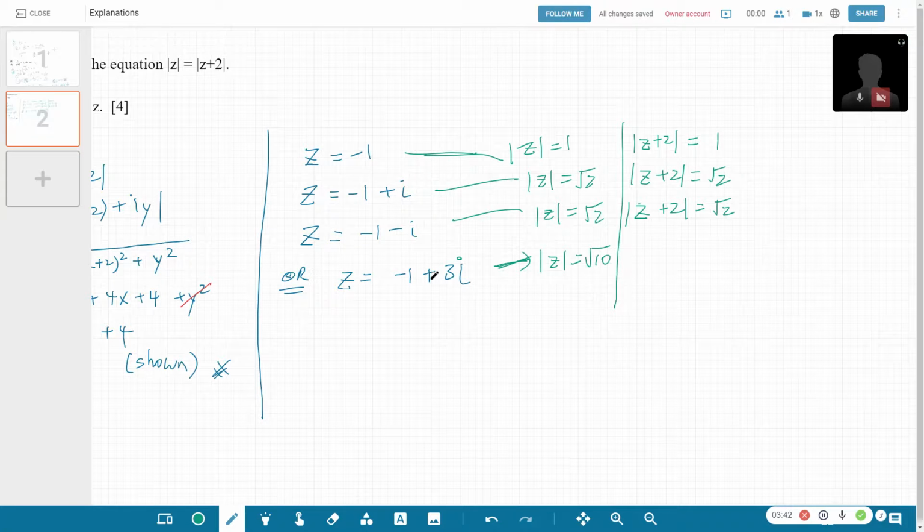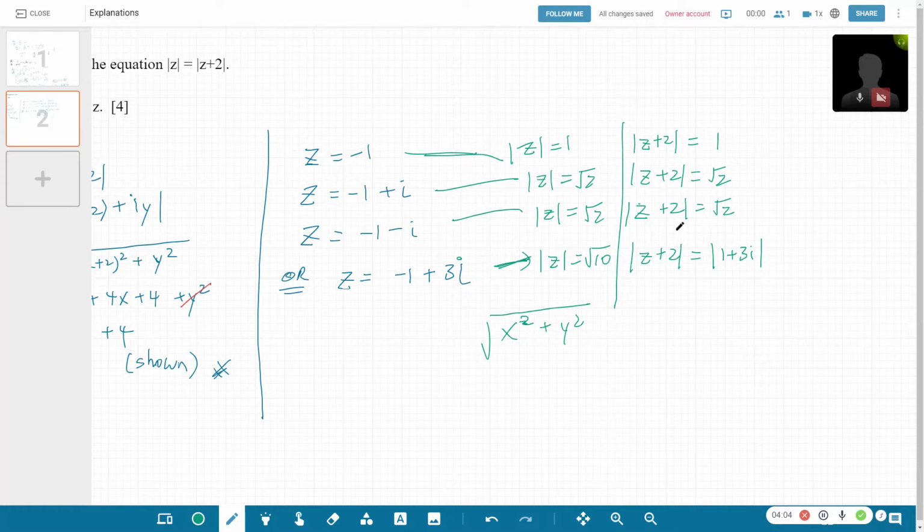If we do this, mod z plus 2, you'll see it's the same as mod of 1 plus 3i. So regardless, your -1 will always become 1. The modulus of z is the square root of x squared plus y squared.